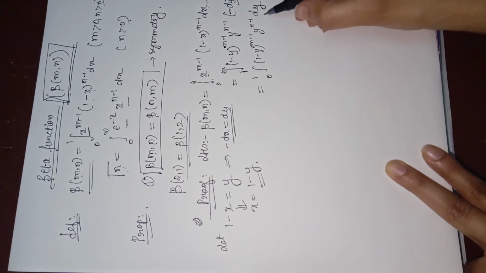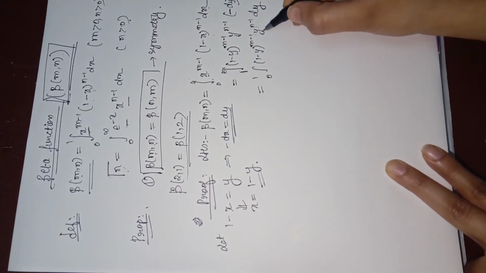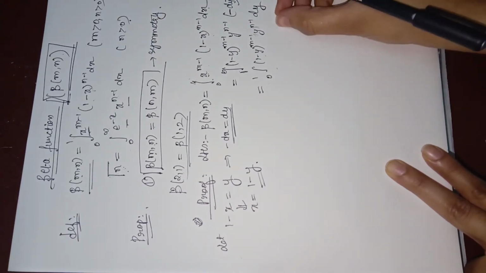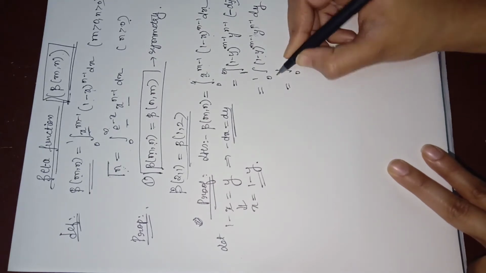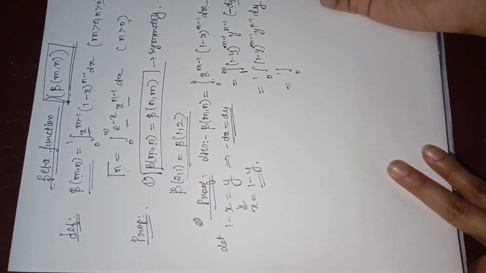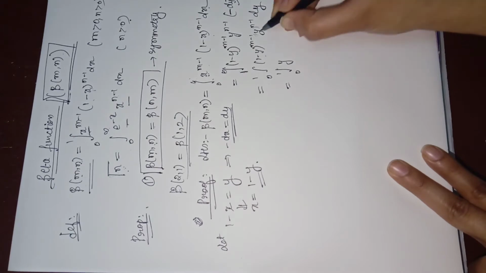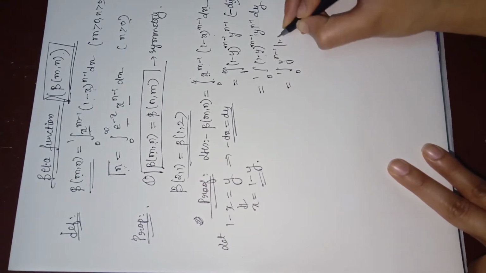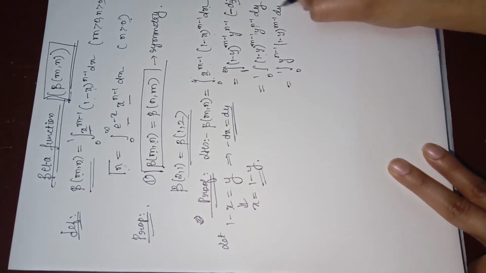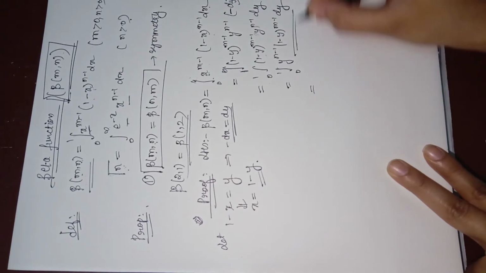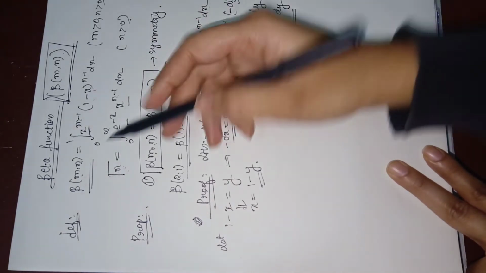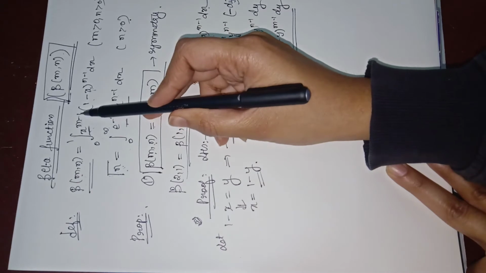Now we generally write the single term first and the 1 minus y term later. This is a product, so I can simply interchange, I can write AB as BA. So I'm bringing this term to the front: y raised to n minus 1, 1 minus y raised to m minus 1, dy. And now you must have guessed what this is. If you compare it with the definition, something raised to m minus 1.